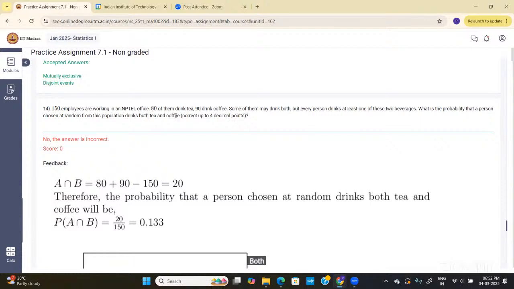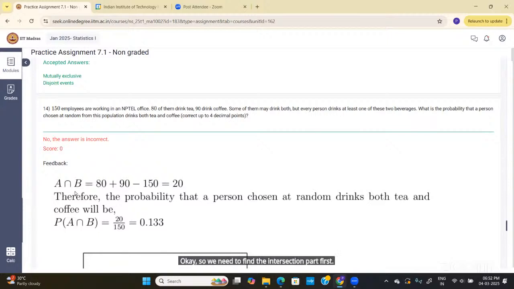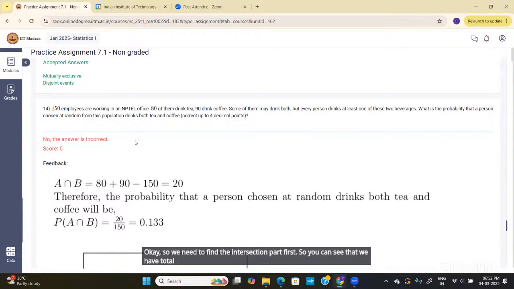Basically we have to find the intersection part here. Both tea and coffee, which means if A is for tea and B is for coffee, then we have to find the probability of A intersection B. So we need to find the intersection part first. We have a total of 150 employees, out of them 80 drink tea and 90 drink coffee.